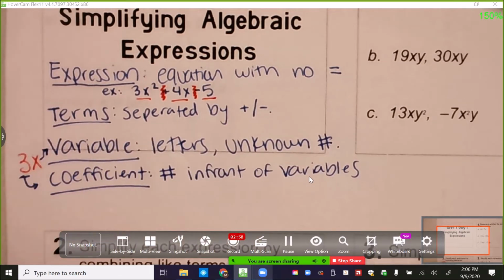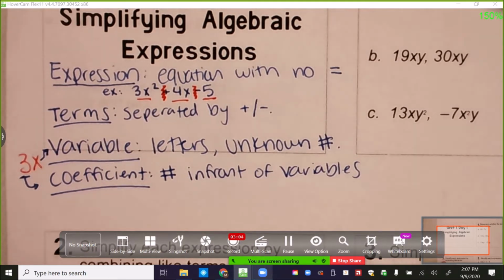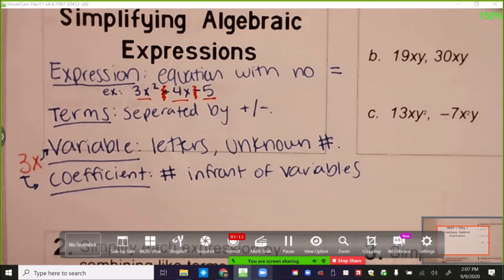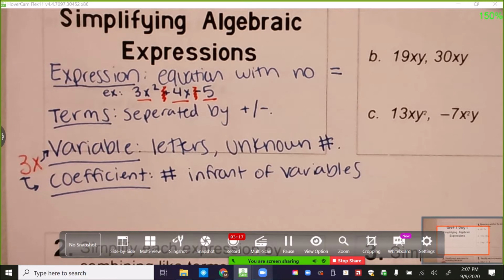Does that make sense? Any questions with those definitions? Okay, I'm going to leave them up there for a second.